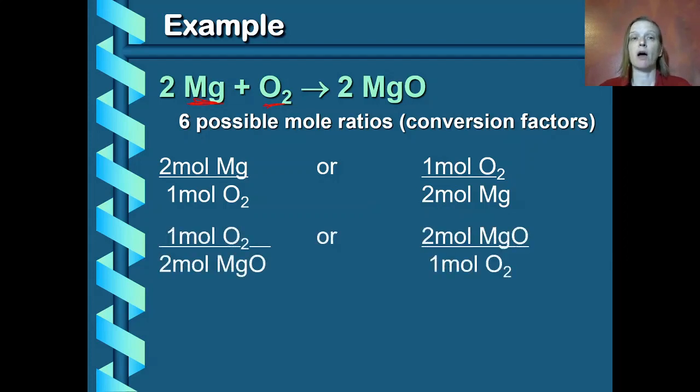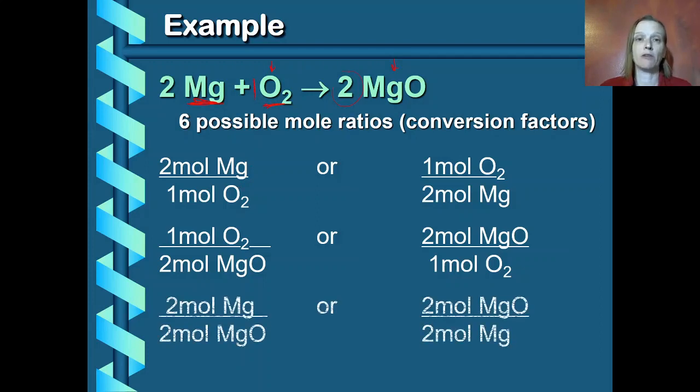The next option relates oxygen to magnesium oxide. So these 2 substances in the chemical equation. 1 mole of oxygen is related to 2 moles of magnesium oxide, or 2 moles of magnesium oxide is related to just the 1 mole of oxygen.